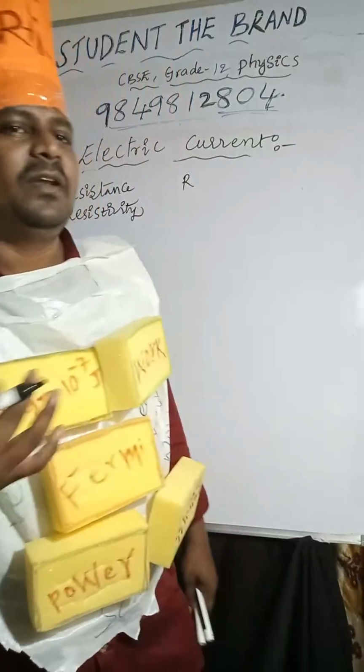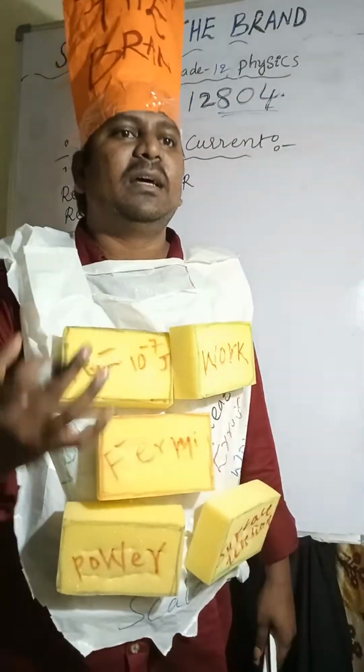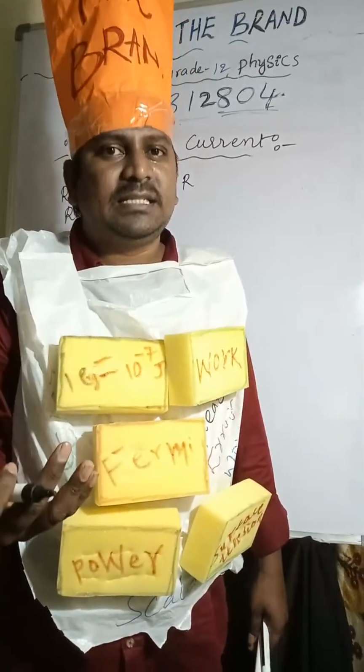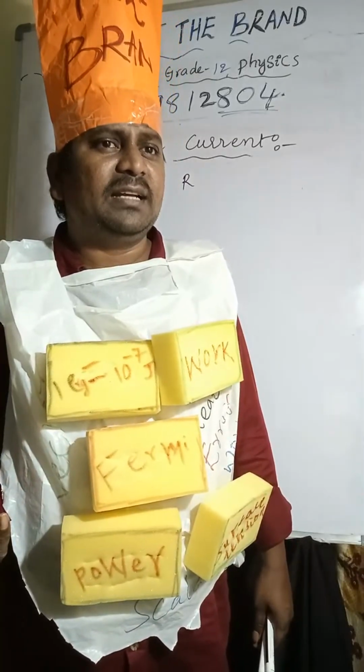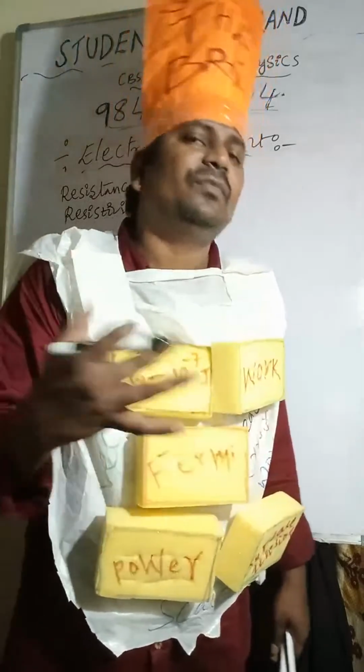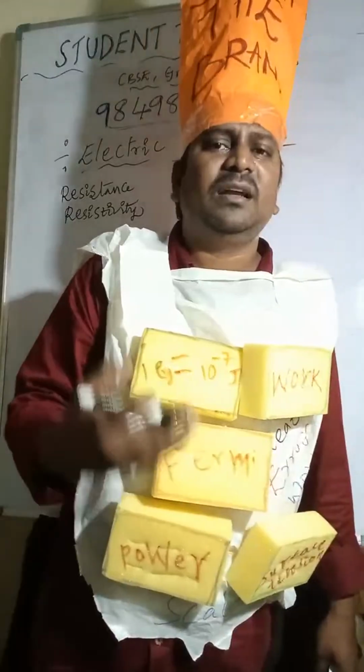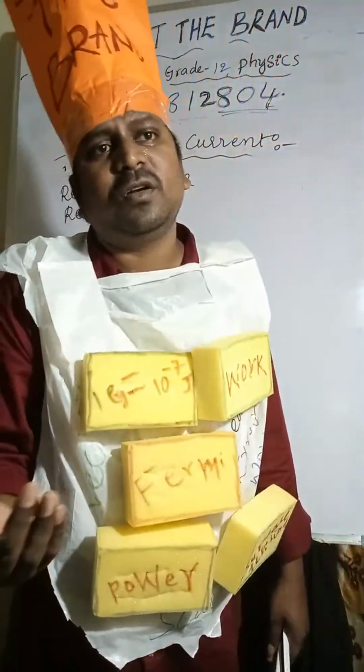A resistor is a device which is used to oppose the electric current. Resistance depends on the length of the conductor. Resistance depends on the area of cross section.